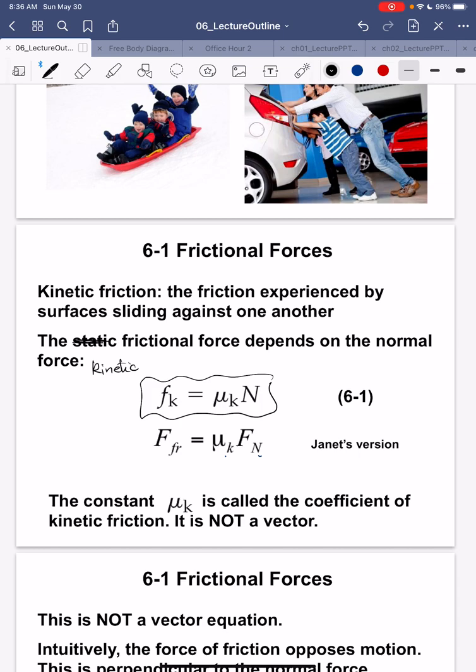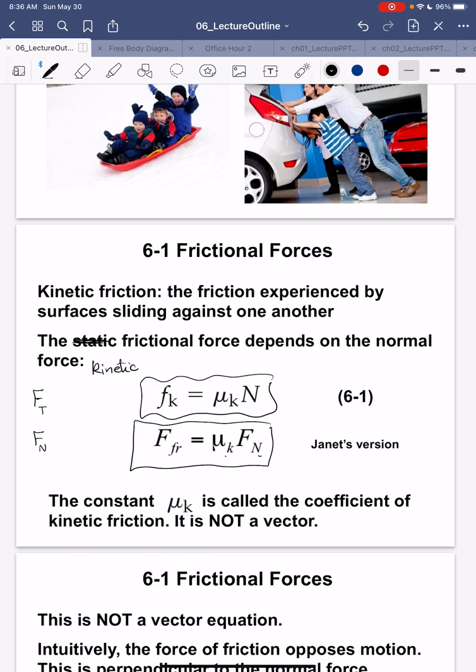She prefers to use FR, like force of friction. I used to use FK, but I might be switching back and forth between these, because I noticed that sometimes when I say force of tension it is easier, and when I say force of normal it is easier, because sometimes you will be confused between the physical quantity and the unit.